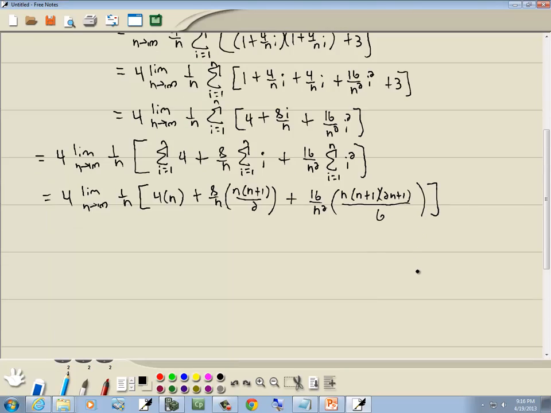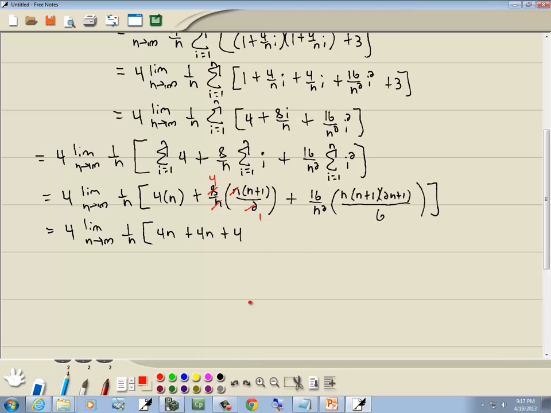Okay, now we have to do some simplifying. So we've got 4 times the limit as n goes to infinity of 1 over n. This will become 4n. Now this n and this n cancel. 8 divided by 2, that goes to 1, and this goes to 4. So we're going to have 4 times n and 4 times 1.